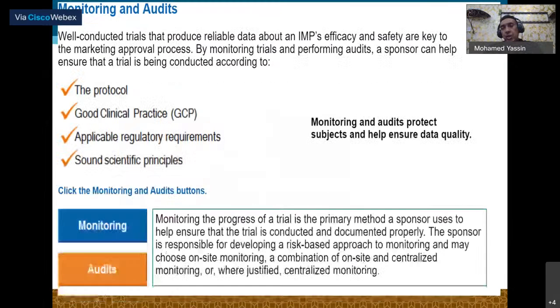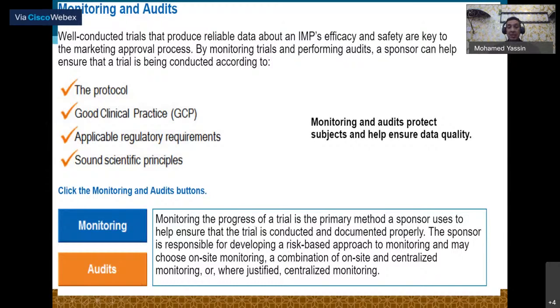So a clinical trial should comply with the GCP, which is good clinical practice, 13 core principles. The clinical trial should have a protocol. The clinical trial should have an approval. And the clinical trial also is frequently subject to monitoring and audit. So when we talk about monitoring and audit, I put these two slides just to help you understand the difference.